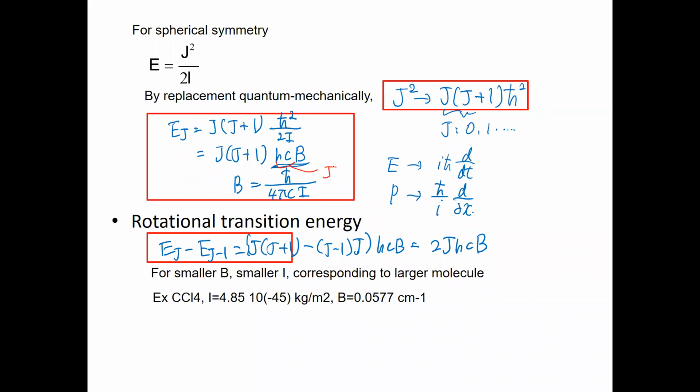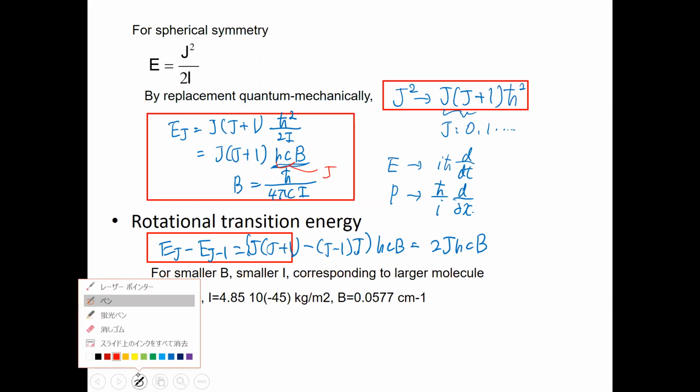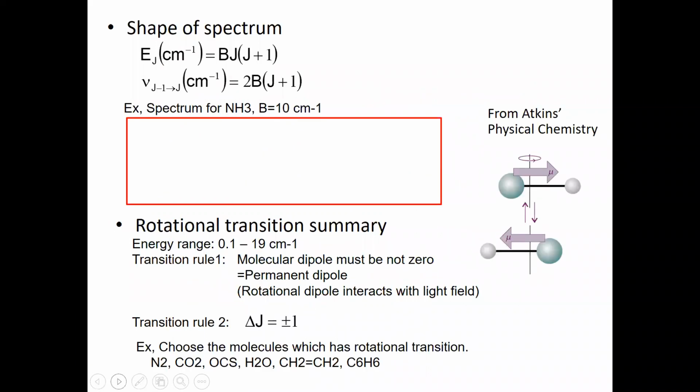So just include it in the B value, or actually ignore the hc part because it's a constant, and we can think about the energy in Kaiser, and this B is also given in Kaiser as a unit.